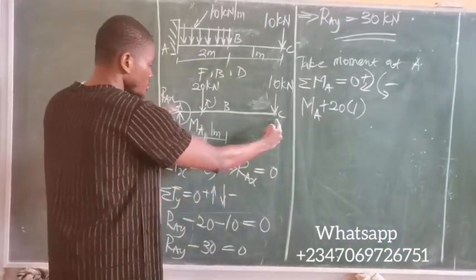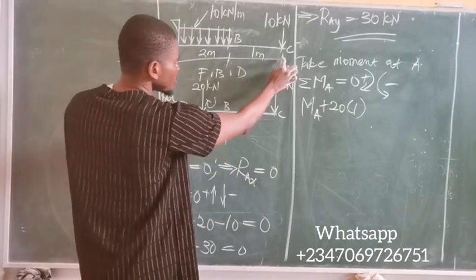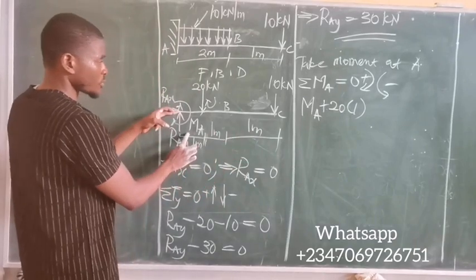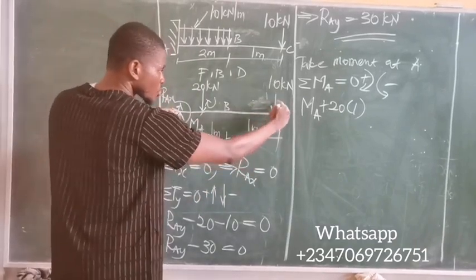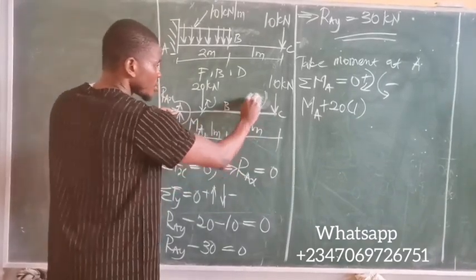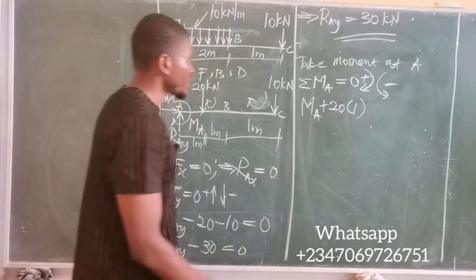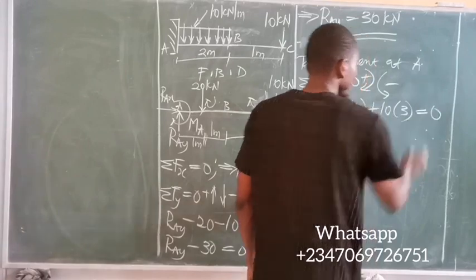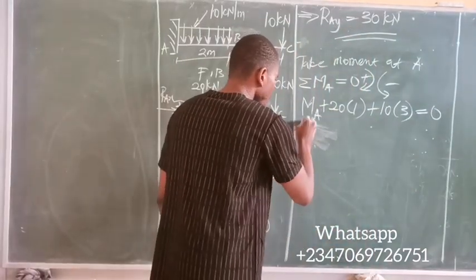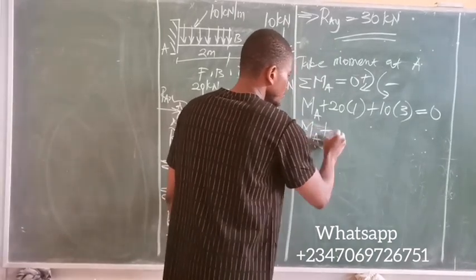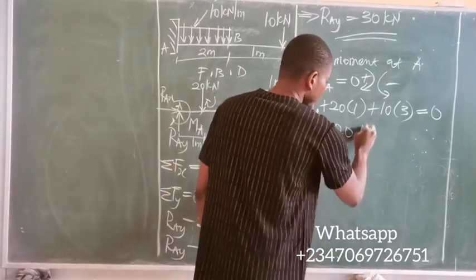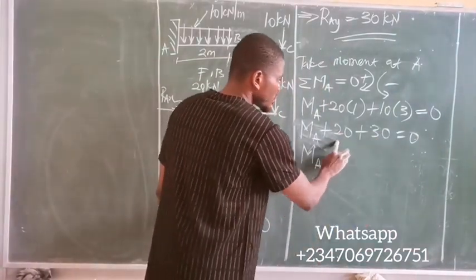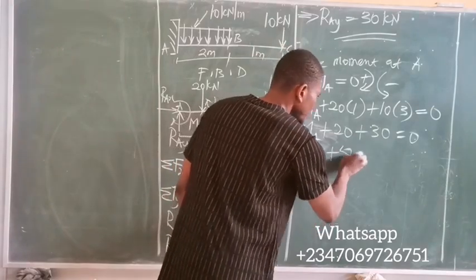The distance from this force to point A is 1 meter from B to C, plus the 2 meters, so it takes 3 meters to get to point A. Since it acts downward, it turns clockwise, which is positive, so we have plus 10 times 3. The whole of this is equal to 0. Therefore, MA plus 20 times 1 is 20, plus 10 times 3 is 30, equals 0. 20 plus 30 is 50, so MA plus 50 equals 0.